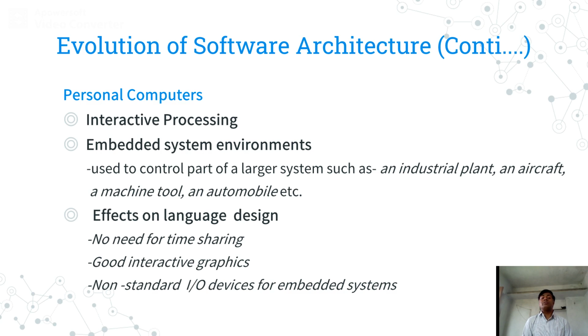In the embedded system environment, generally a programming language is used to control a part of a larger system, such as an industrial plant, an aircraft, a machine tool, an automobile, etc. Their effects on language design are that there is no need for time sharing. Personal computers improved, and they have good interactive graphics. They have non-standard input-output devices for embedded systems.